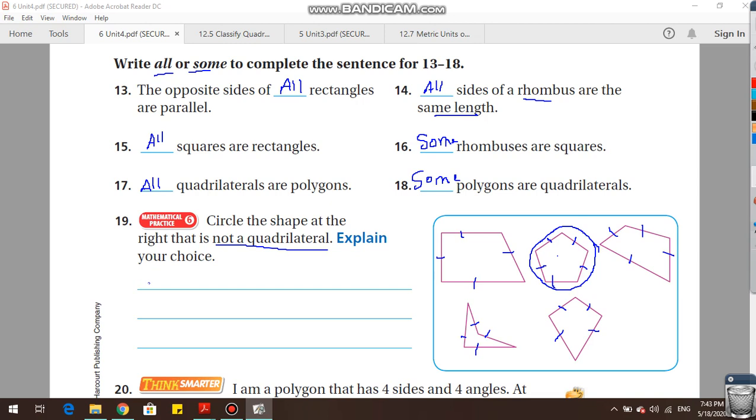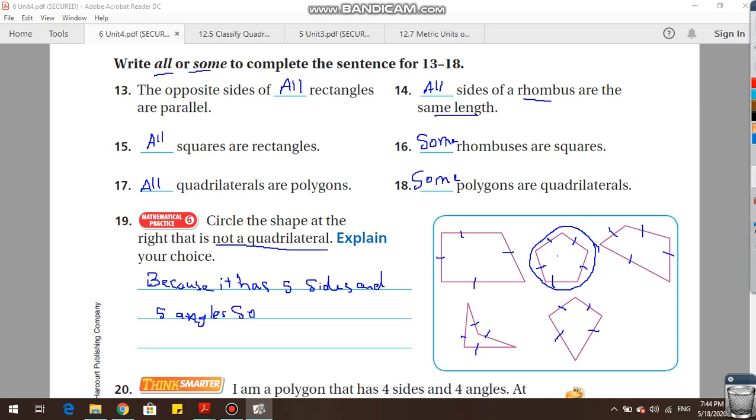So why is this one not a quadrilateral? Because guys, it has how many sides? 5 sides. And how many angles? 5 angles. So who can tell me what is the name of this polygon?